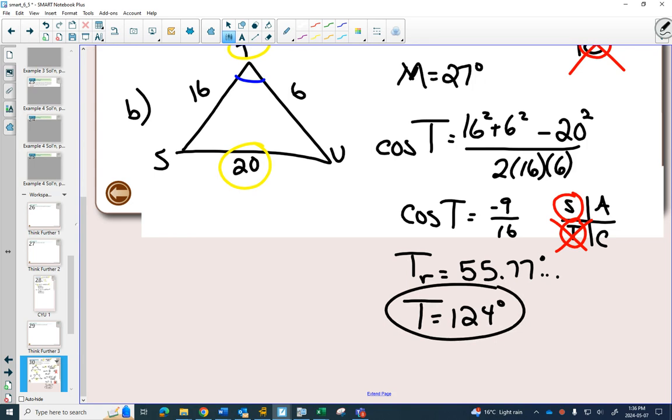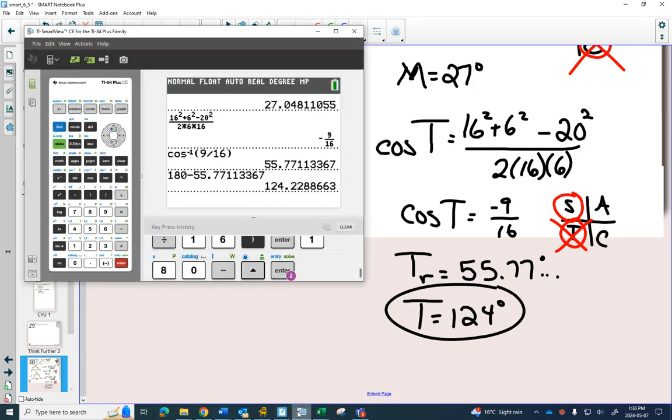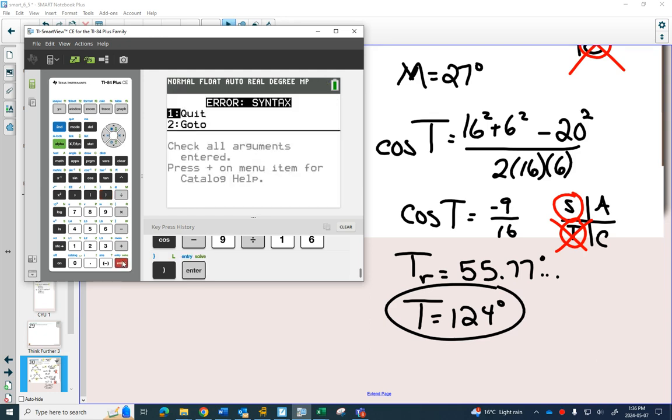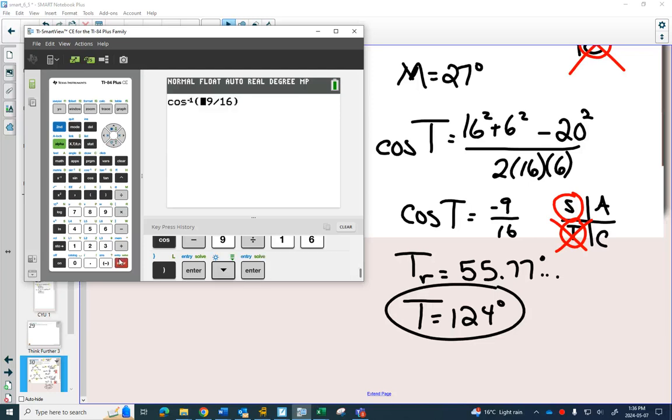Now I want to show you that when you do cos inverse of negative 9 divided by 16, when you do cos inverse of a negative answer, it actually gives you the answer in quadrant 2.